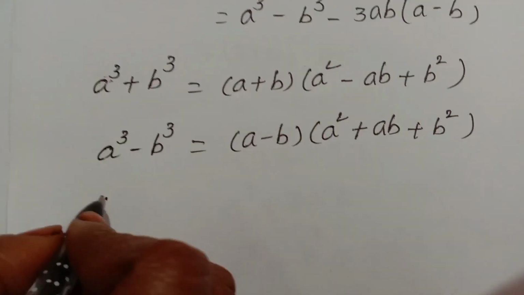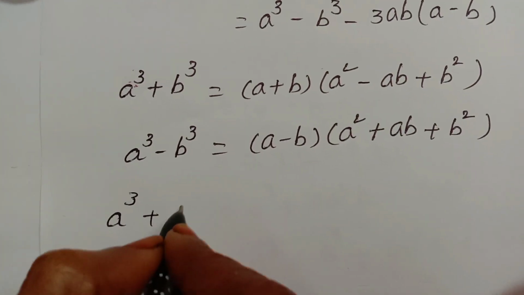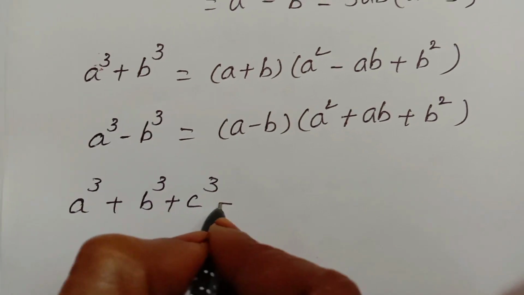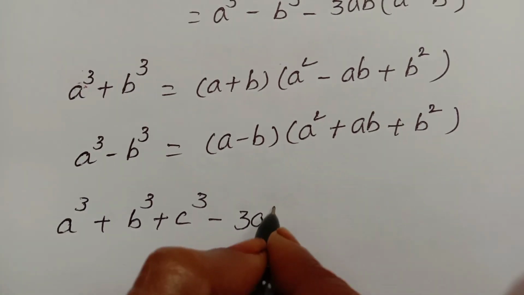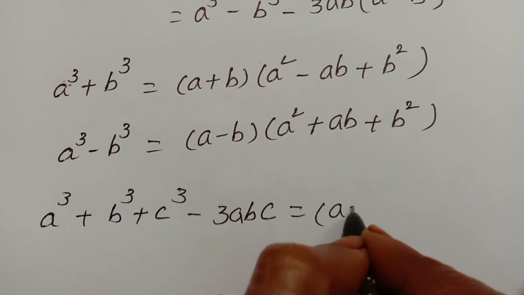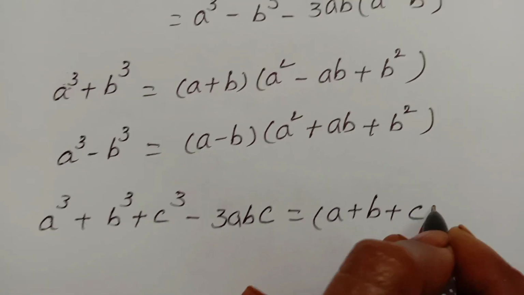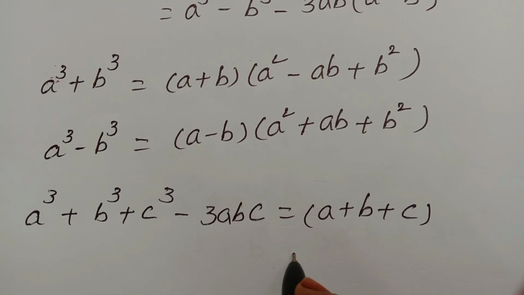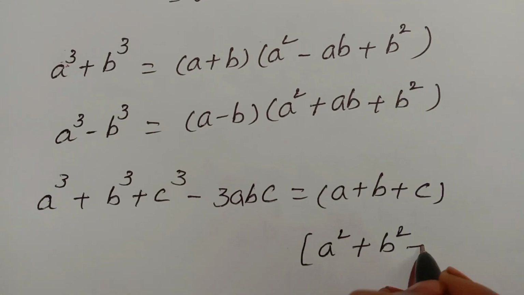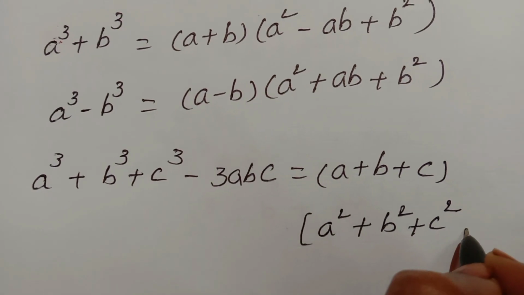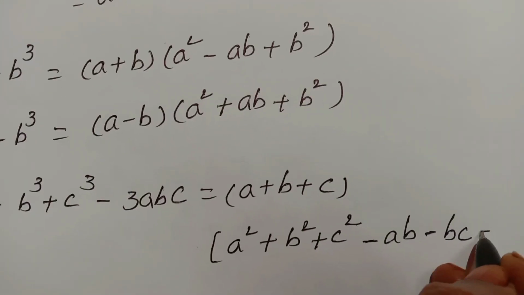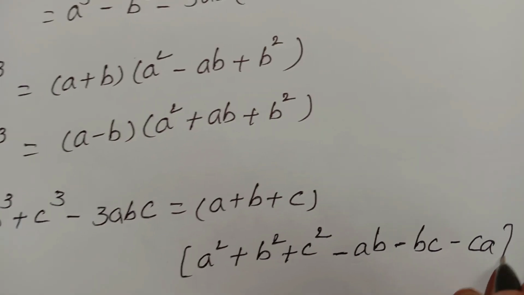Fifth identity, a cube plus b cube plus c cube minus 3abc is equal to a plus b plus c into a square plus b square plus c square minus ab minus bc minus ca.